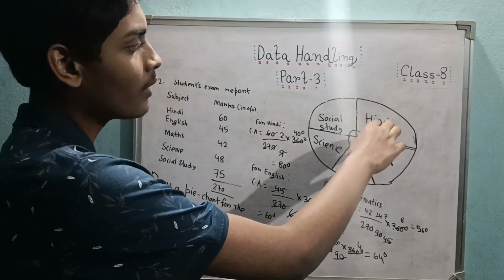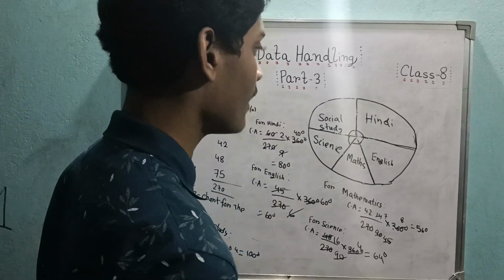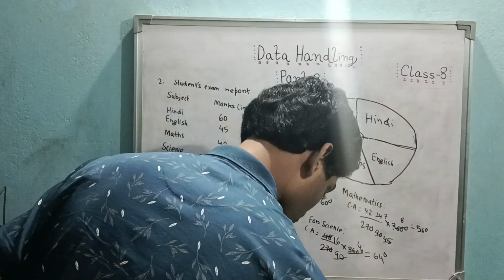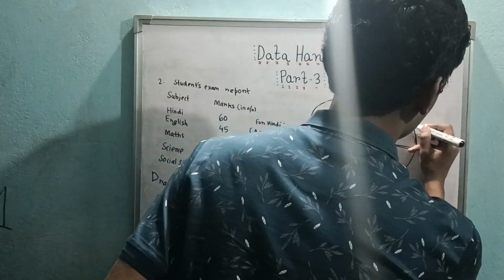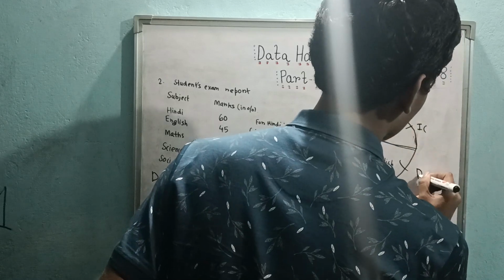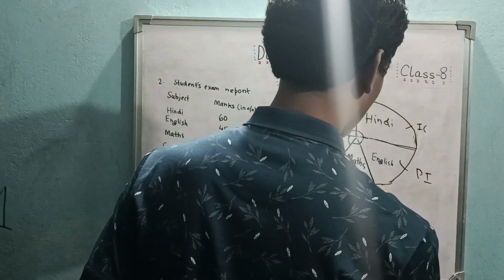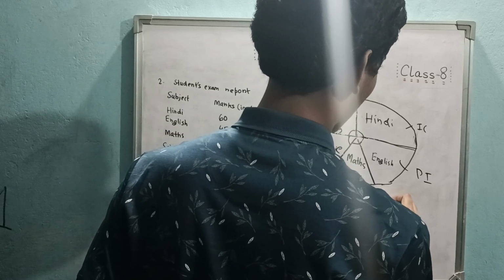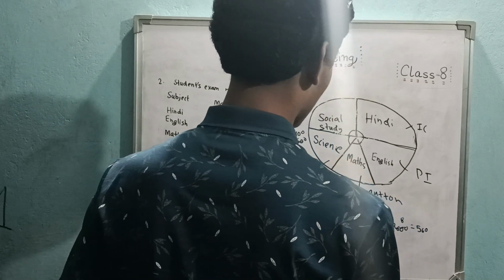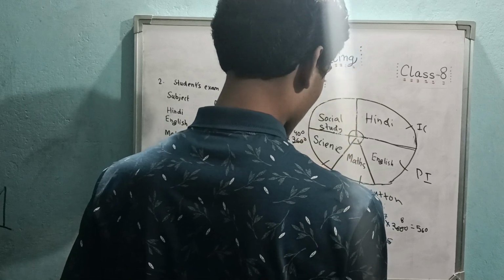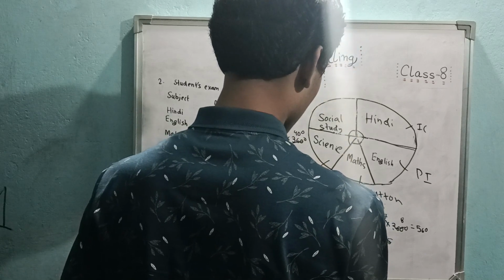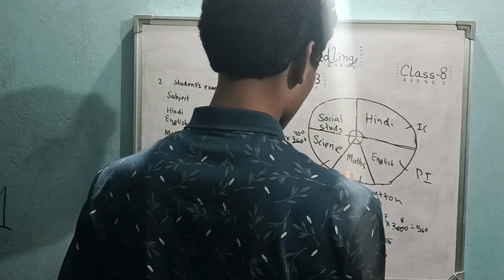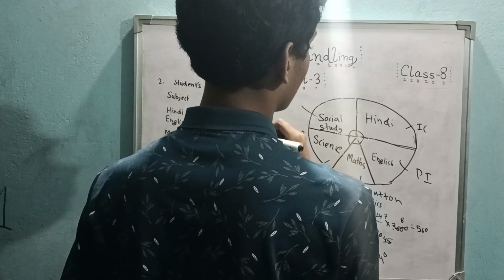So suppose here in place of Hindi it was ice cream, I'm just extending the example a little. Suppose this was ice cream, this was pizza, this was your, what do I say, anything. Suppose this was your sandwich, and this was your burger.